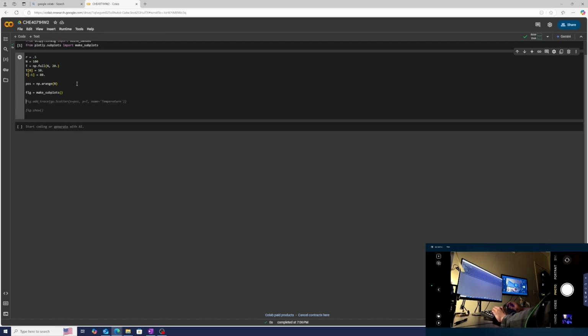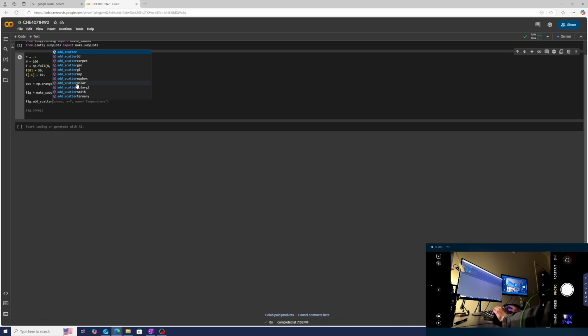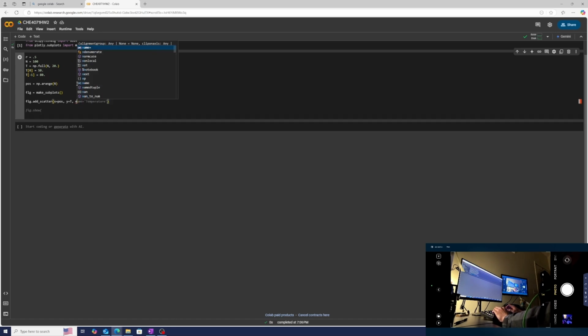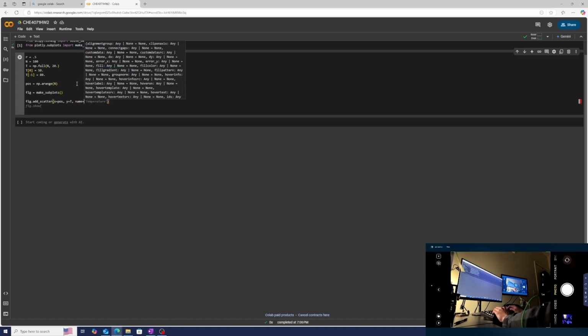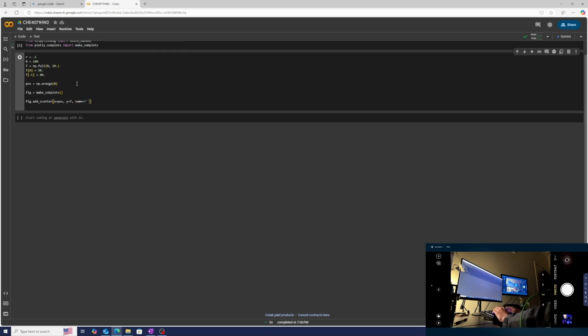So our first thing we'll do is we're going to add a scatter for our initial condition. So this is going to be our x will equal position, our y values are going to be equal to our temperature, and the name for this is going to be just 0.